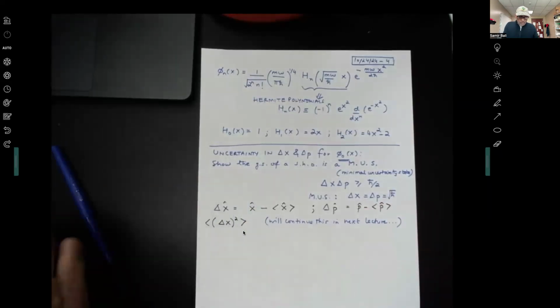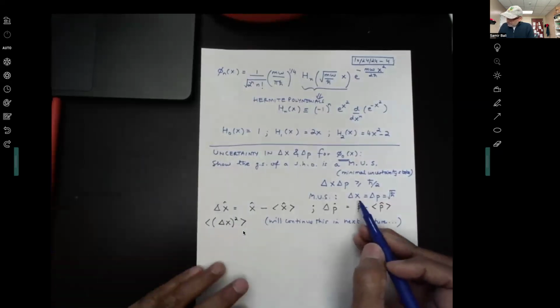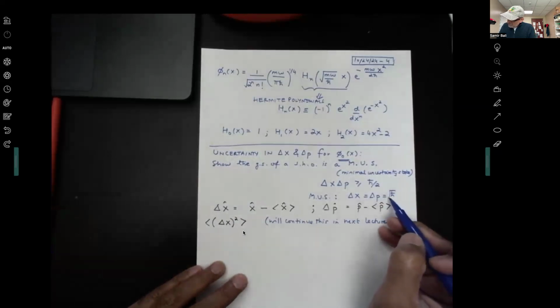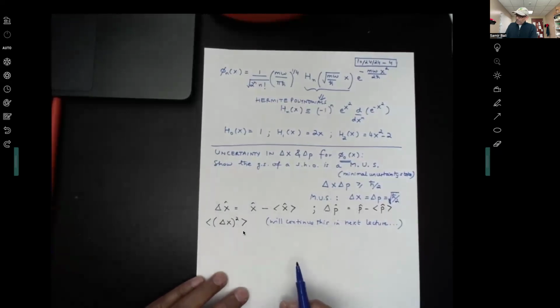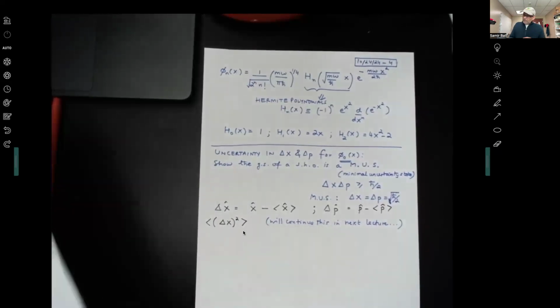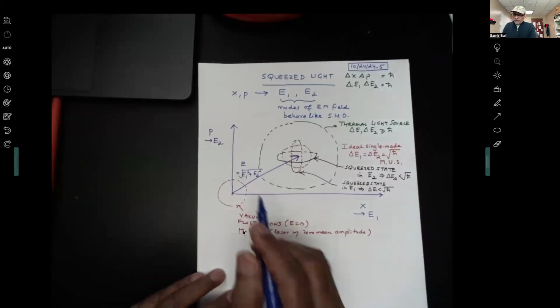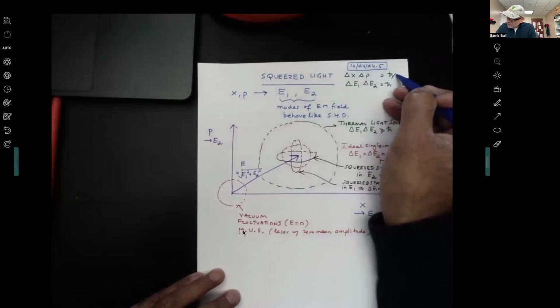Minimum uncertainty state is where the uncertainties are each equal to square root of h bar over 2. And we found a way to depict them. So delta X, delta P is there.